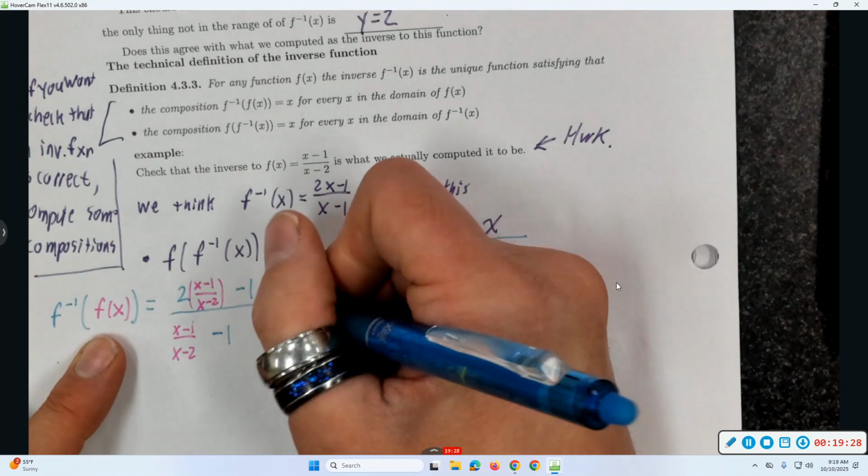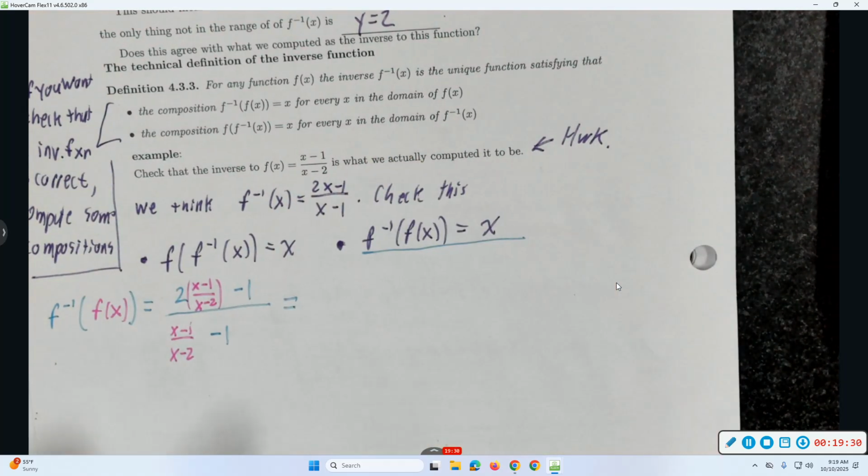And assuming that nothing went wrong while computing the inverse, which I don't think it did, because the graph agreed, that should simplify down to just x. So let's try to simplify it. There are a few paths to take. If you want to see this in the wild, what would you want to do to simplify?